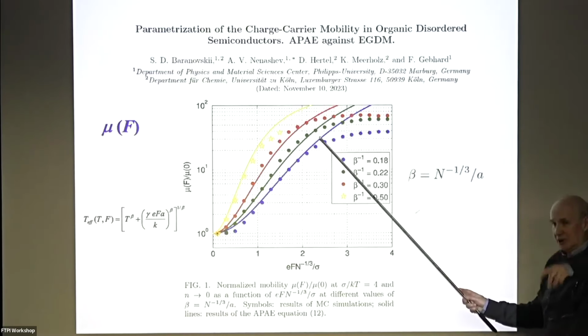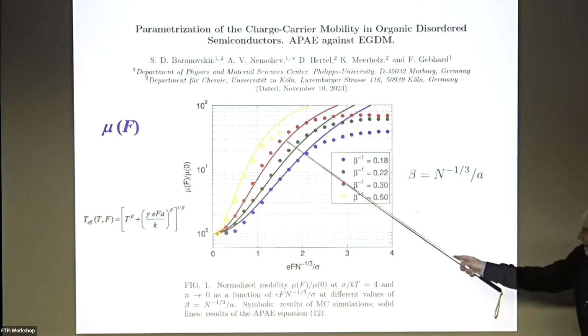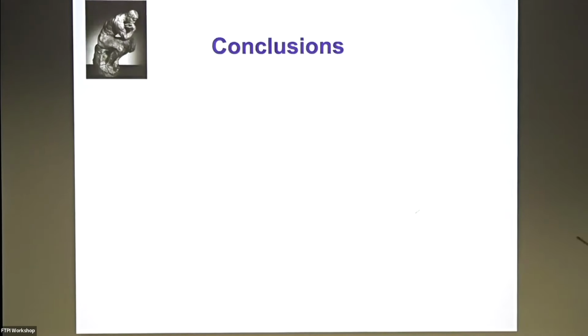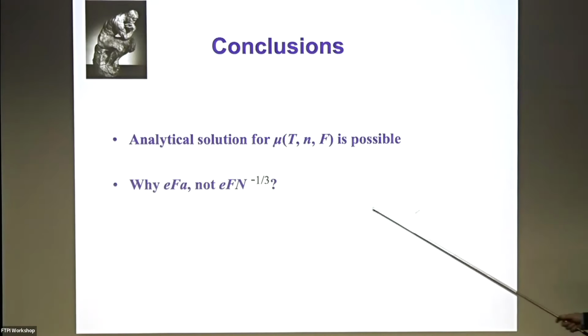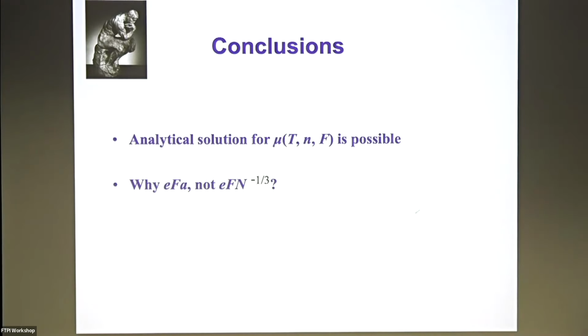So it's analytical theory using Shklovskii's effective temperature, and points are simulated results. And the conclusions are very simple. Analytical theory is easy. And why A and not N to the power minus 1/3, I do not know. But I know the theorem: Shklovskii is always right. I'm sorry. Thank you very much.